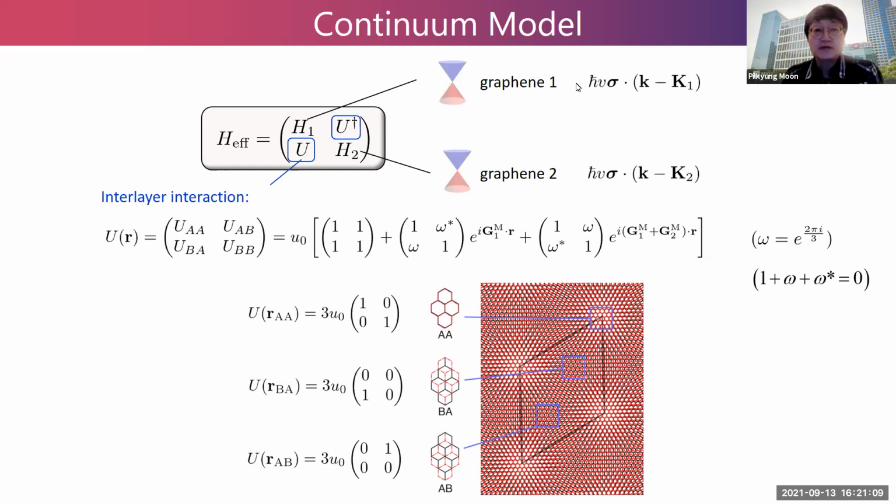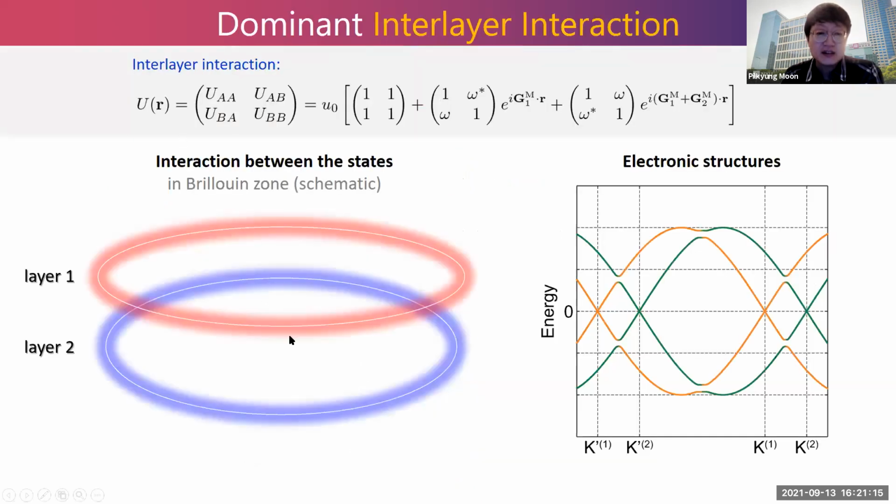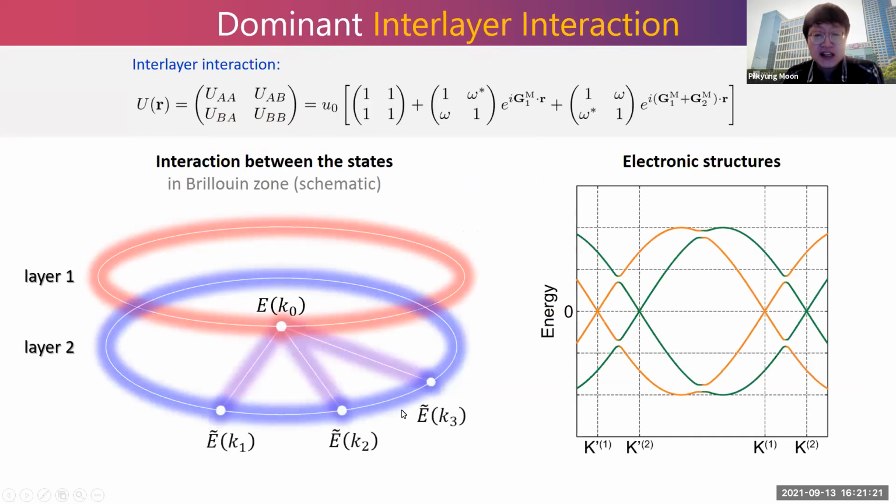Since we have 3 different terms in our interlayer interaction, the interlayer interaction makes one state in either layer interact with 3 different states in the other layer. The first term has a 0 wave vector component, the second term has G1m, and the third term has G1m, G2m.